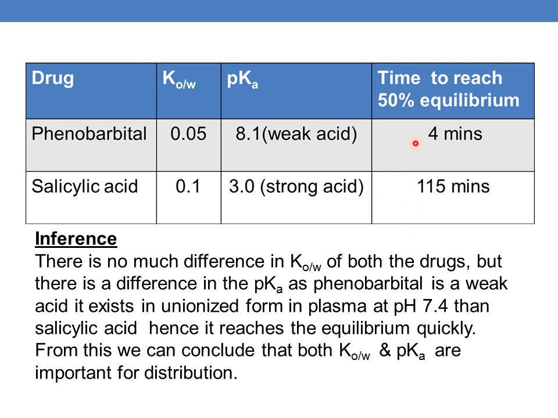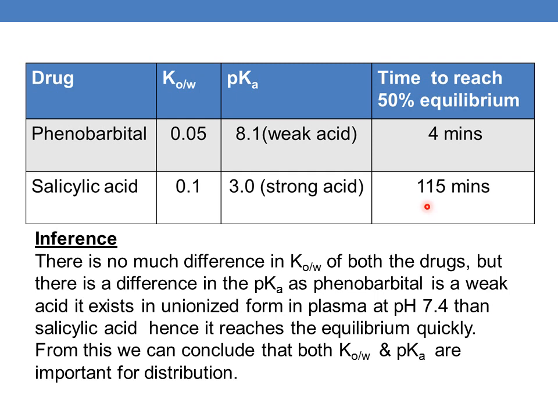Phenobarbital reaches 50% equilibrium quickly compared to salicylic acid. It takes only 4 minutes to reach 50% of the equilibrium, whereas salicylic acid takes 115 minutes.